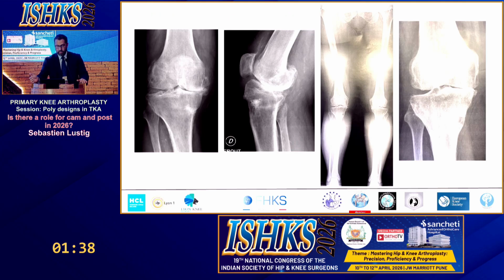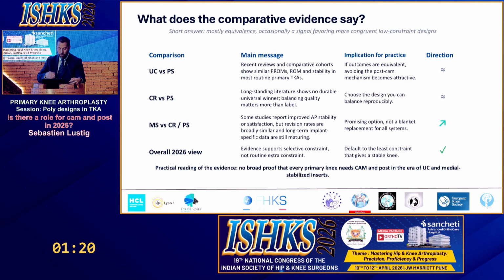But these are cases where, honestly, in my practice, it's difficult to consider using something else, because it's difficult to know how to handle the slope here. It's post-traumatic, it's post-high tibial osteotomy, and going for something where you can reliably balance the knee is maybe easier than using a less constrained design.